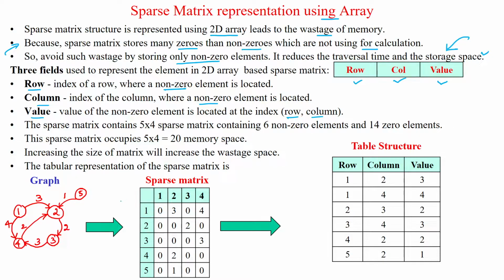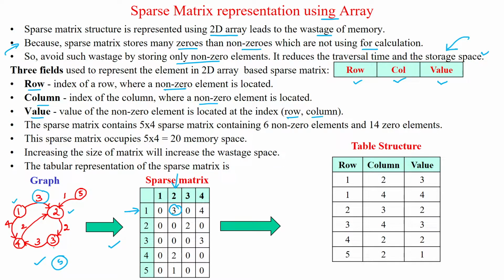For example, the given graph has five nodes or vertices. So these five vertices have a number of edges, which is represented by using the sparse matrix. For example, from vertex 1 to 2 we have the weight value 3. So the row number is the source and the destination is the column number; from 1 to 2 we have the weight 3, so it is represented in the sparse matrix.